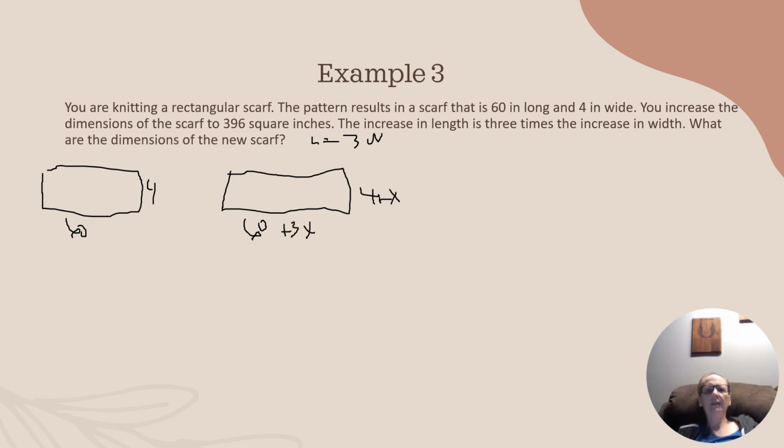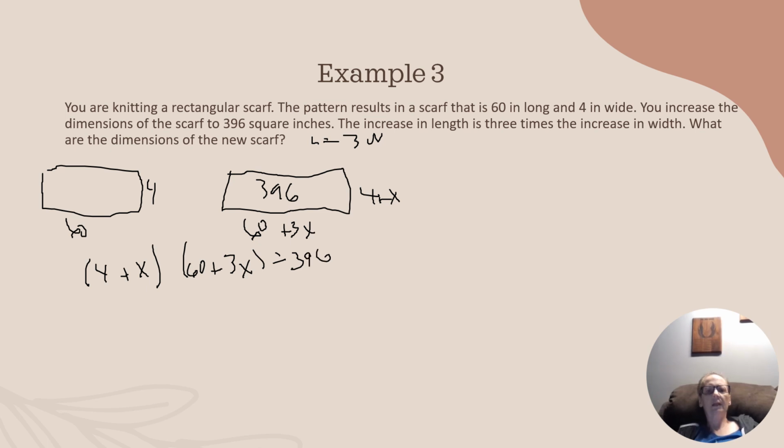And it tells me that I increase the dimensions of the scarf to 396 square inches. So that's the area of the scarf. So area is length times width. So I have 4 plus x times 60 plus 3x is equal to 396.